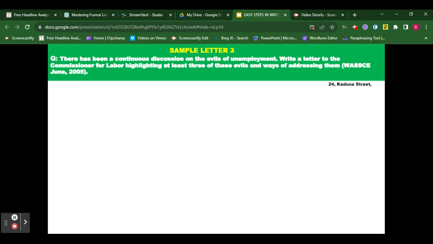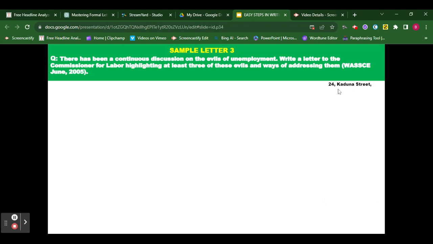There has been a continuous discussion on the evils of unemployment. Write a letter to the Commissioner for Labor highlighting at least 3 of these evils and ways of addressing them. WASSCE, June 2005. Again, you begin with the writer's address.